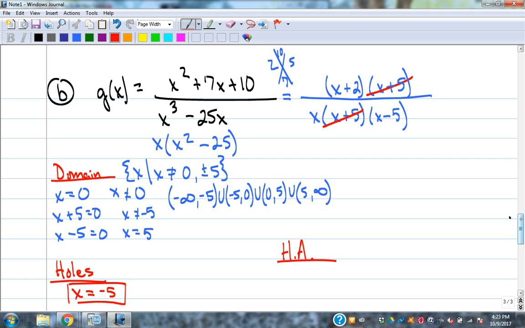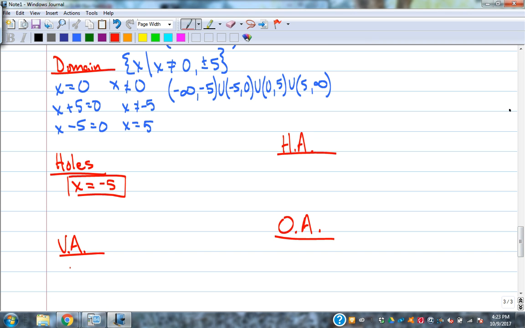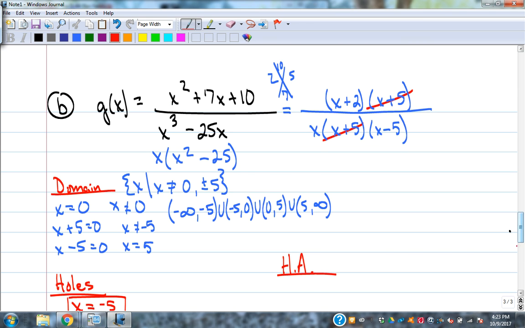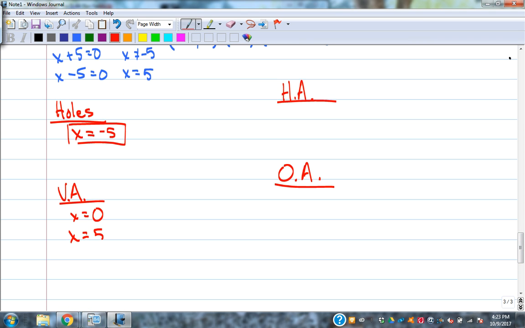Their vertical asymptote is what they would equal if you set them equal to 0. X equals 0 is a vertical asymptote, and we had the minus 5 left, so x equals positive 5. Those two equations make your vertical asymptotes for this problem. One of them is right on top of the y-axis. The other one is over at 5 on the x-axis. There's a vertical line there.